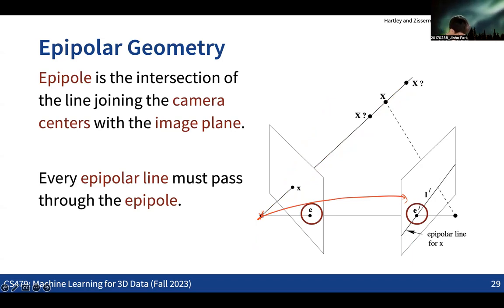Make sense? So you can think of the epipole as a point which is the intersection of any two arbitrary epipolar lines in the image plane. If you draw any epipolar lines in the image plane, their intersection will be this epipole. So this is the basic terminology of epipolar geometry. Any questions on this? Is it clear?